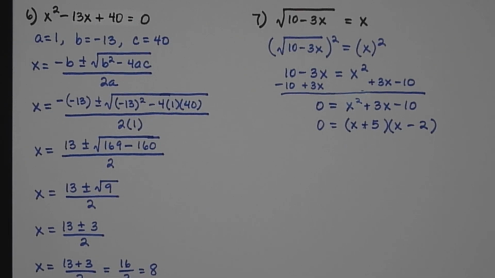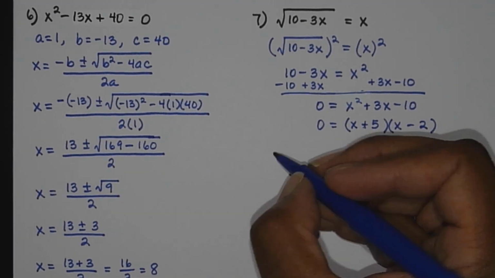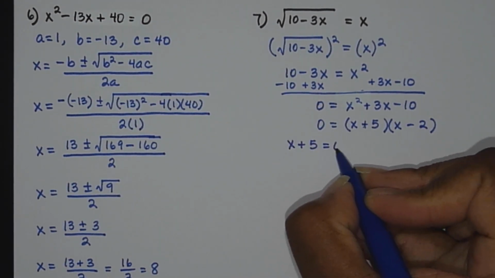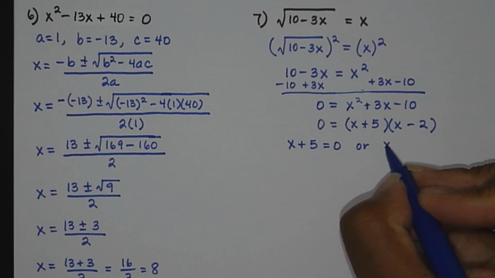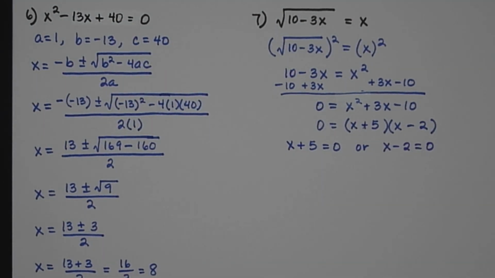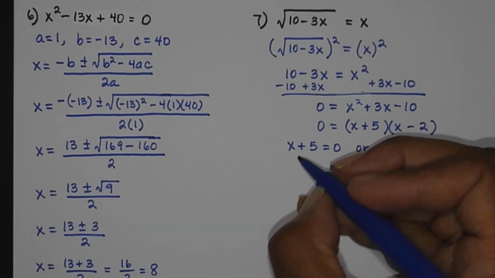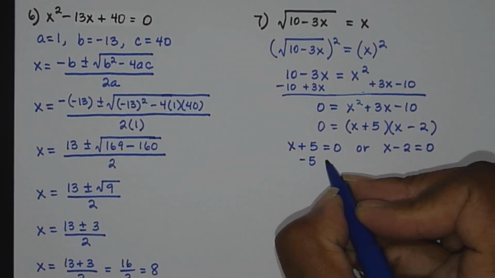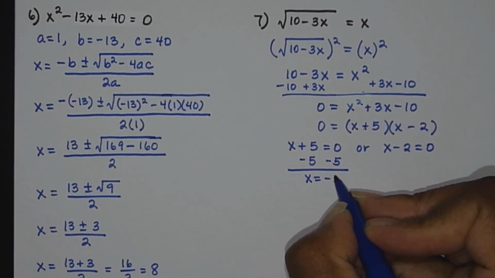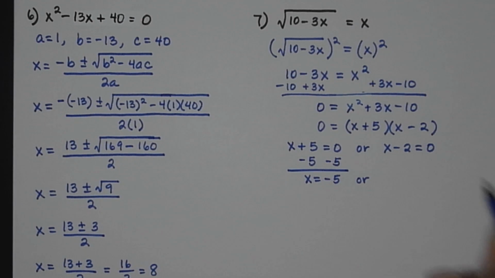Then we set each binomial factor equal to 0. So this means x plus 5 equal to 0, or x minus 2 equal to 0. Each equation we're going to solve for x. So for the x plus 5 equals 0, if I subtract 5, that means x has to be equal to negative 5.